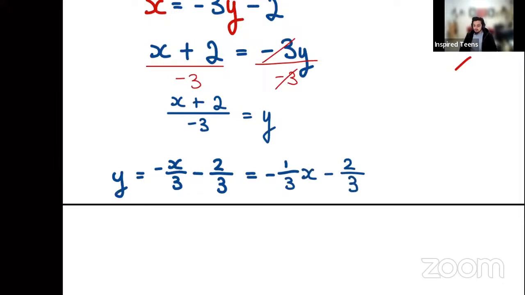Okay, and that's the most simplified version of it. So ideally, you don't want to leave it in this format, because it's a straight line. You want to try and get it into the y is equal to mx plus c format. Okay, that's ideal.